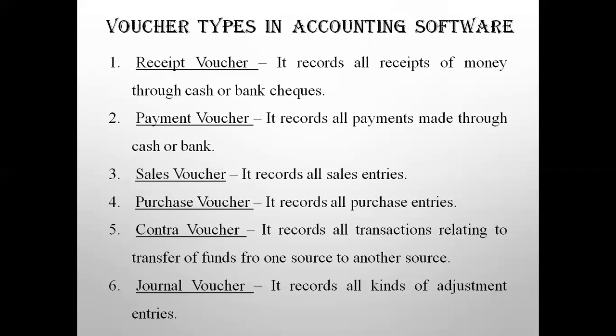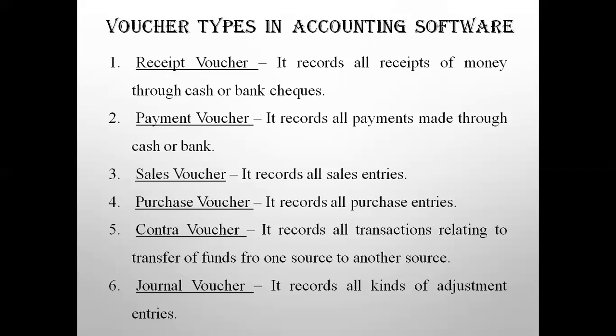Contra voucher. This is used to transfer funds from one source to another. This voucher will have only cash and bank accounts, either on the credit side or on the debit side. For example, when cash is deposited from the cash account to the bank account, or cash is withdrawn from the bank to the cash account, or funds are transferred from one bank account to another bank account.